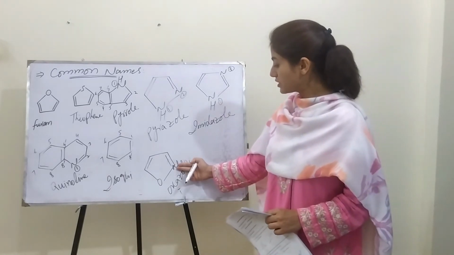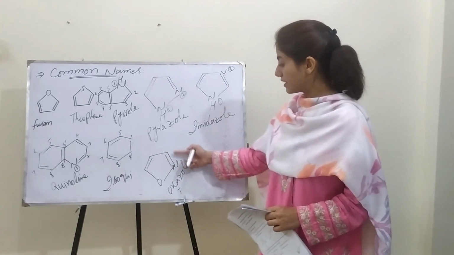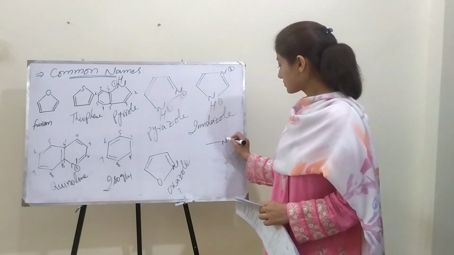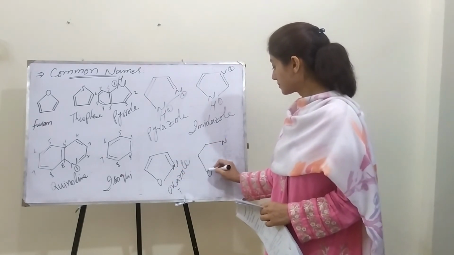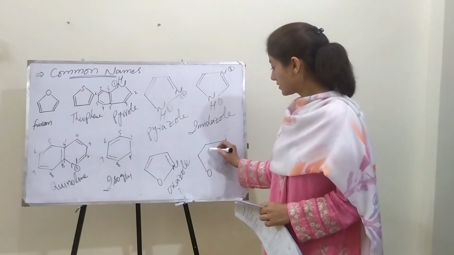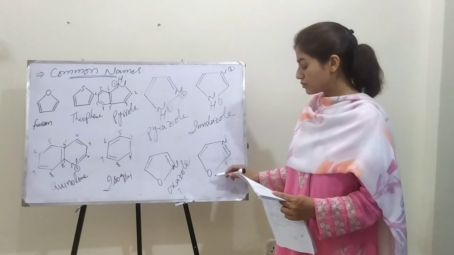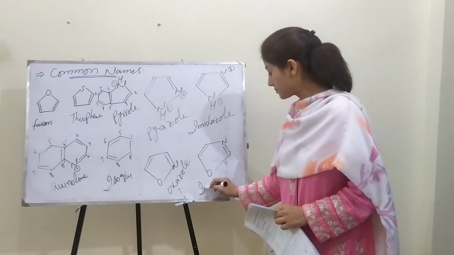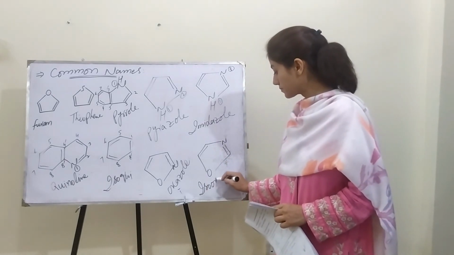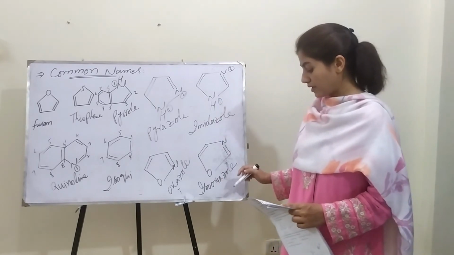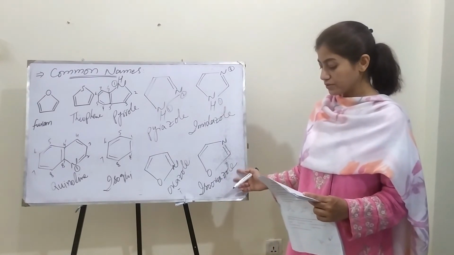And if this nitrogen is at 1 and at 3 position with respect to this oxygen, like this one, so its name would become isoxazole. That would be isoxazole.